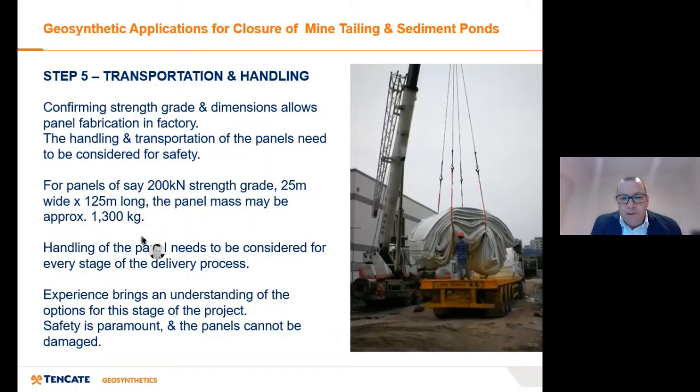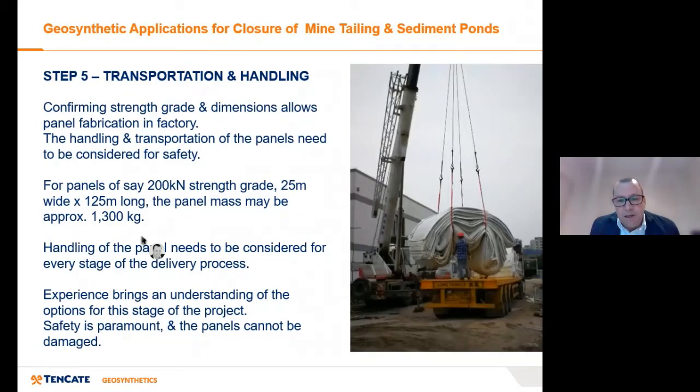Step 5 is we're now moving into the practical side of it. You can see on the right hand side, that's a panel for the Hong Kong Airport project, recently completed. When you're talking about panels that can weigh over 1 tonne, over 1,300 kilos or more, you need to have a detailed understanding of how you're going to handle this at each stage.